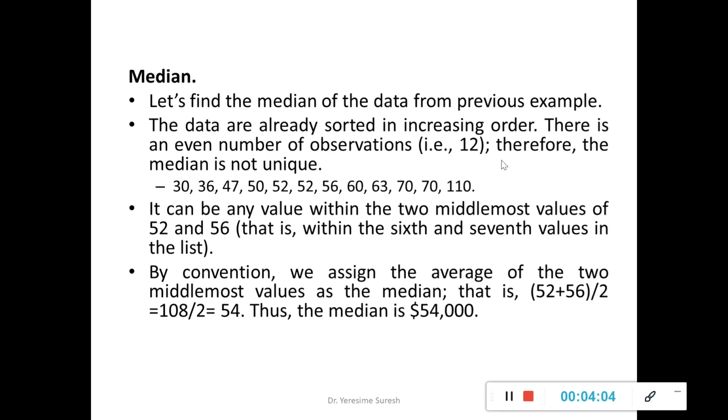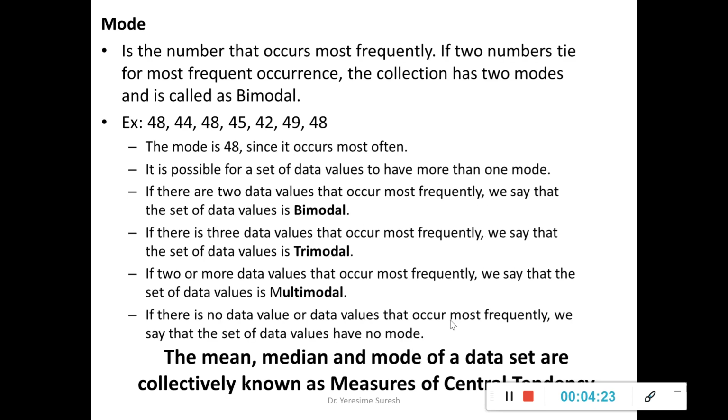If there is an odd number of observations, then the exact middle value is the median. If I have an even number of observations, as in this case, I take the average of the two middlemost values, 52 and 56, which is 54. So the median value with respect to salary in this organization is $54,000.